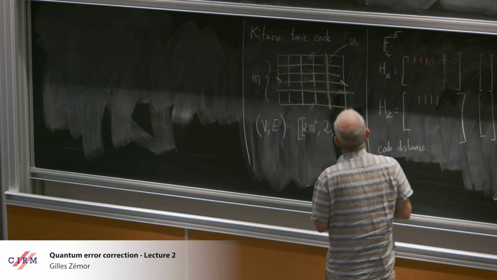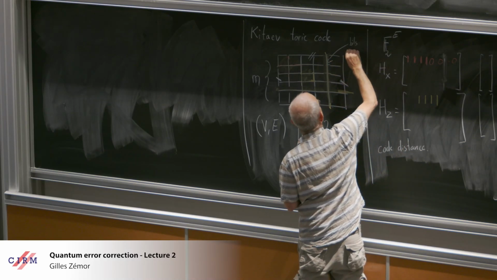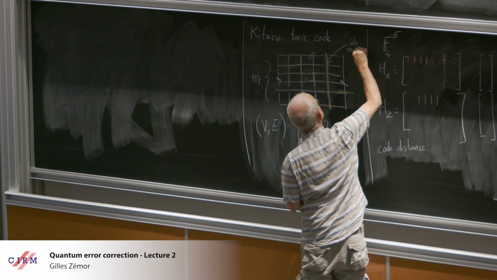Take this very same grid, but this time put the bits or the qubits on the squares.